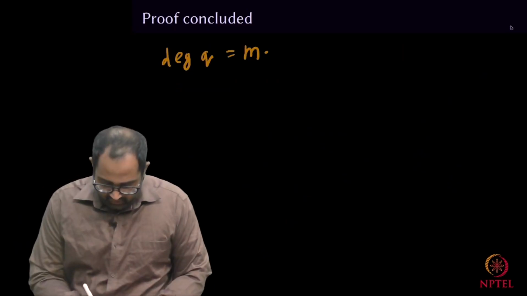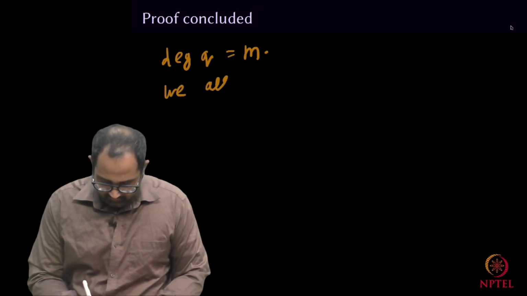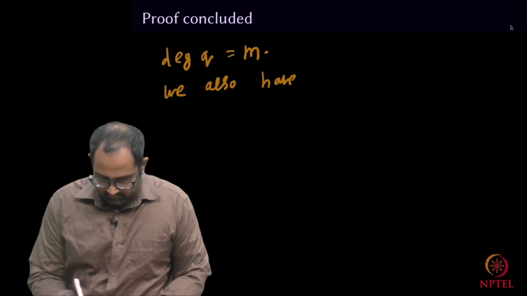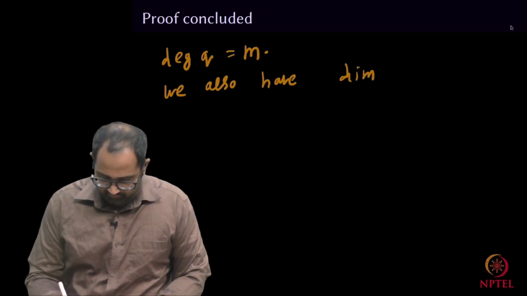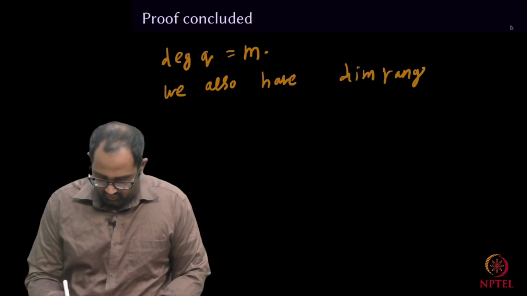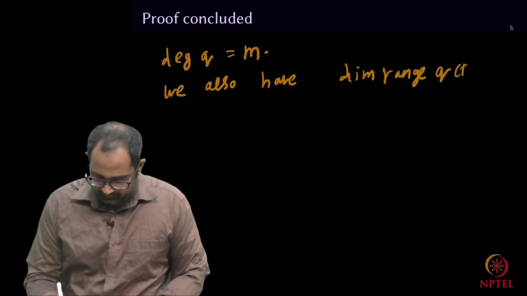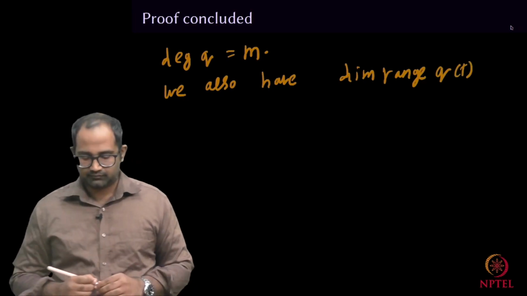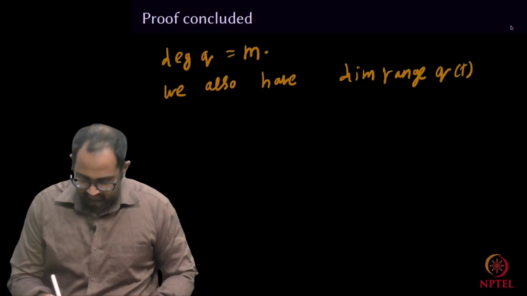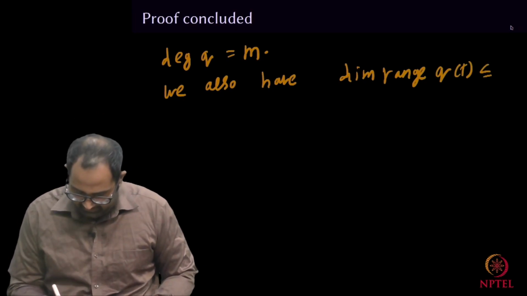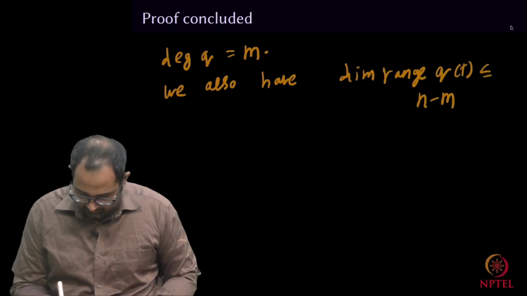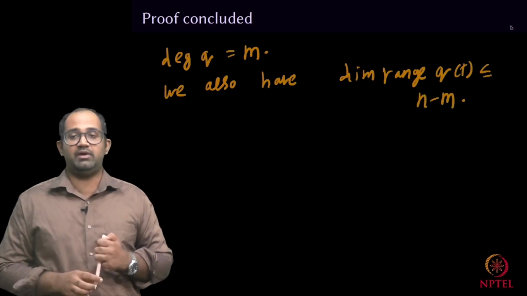And we also have the dimension of the range of q of t is less than or equal to n minus m.